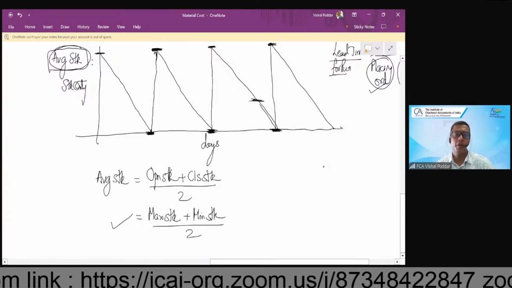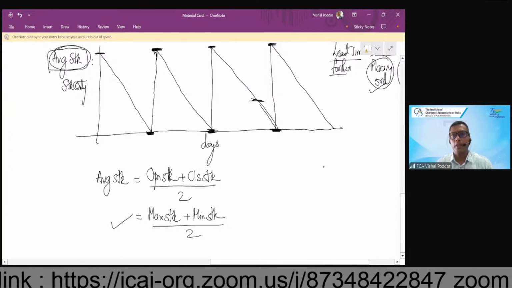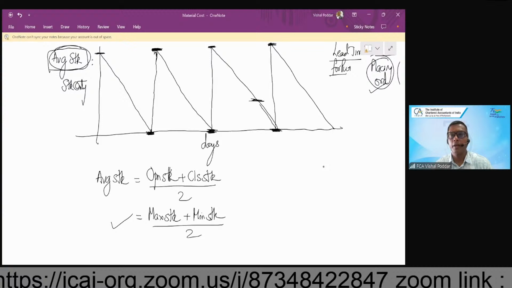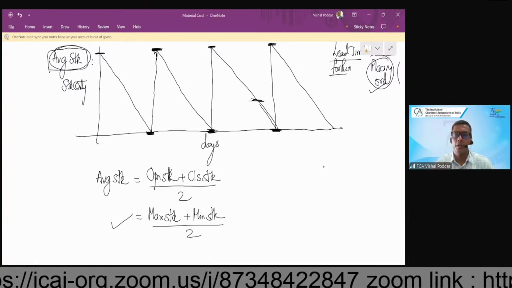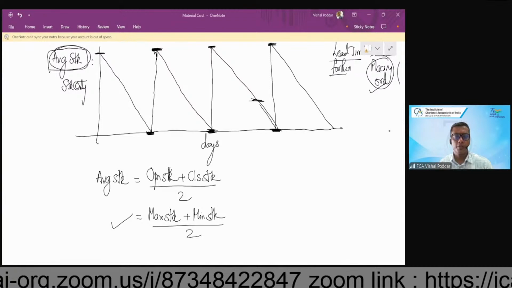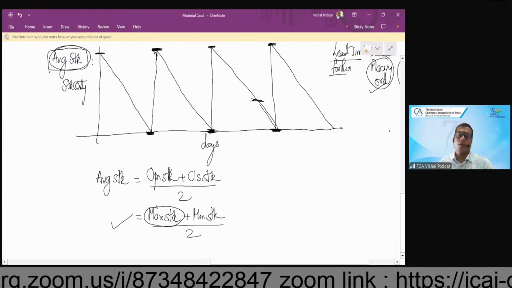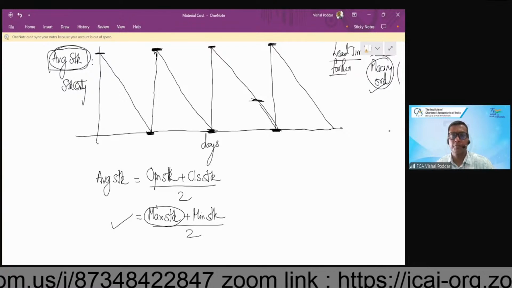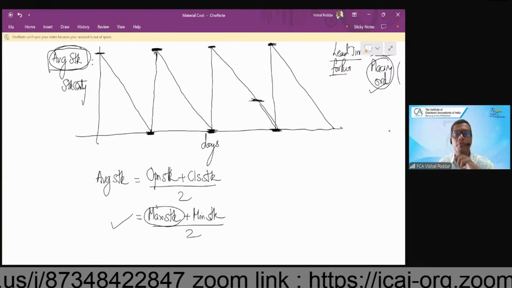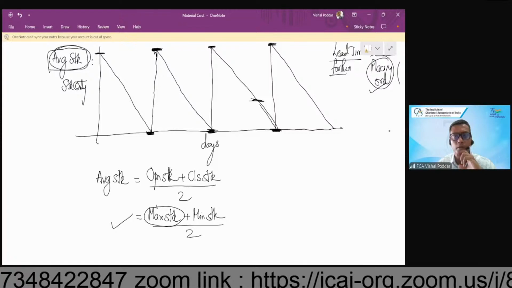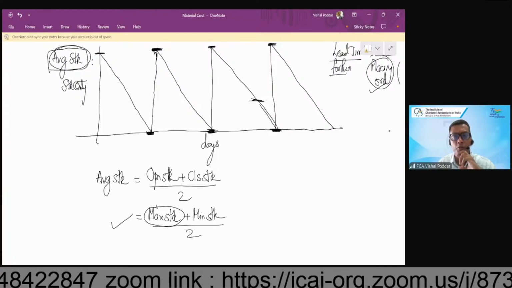Now I'm going to ask a very important question. Let's see how many of you have paid attention to whatever I've explained and whatever words I've used. So again, in the chat box, you'll answer. For this formula, how much is my maximum stock?